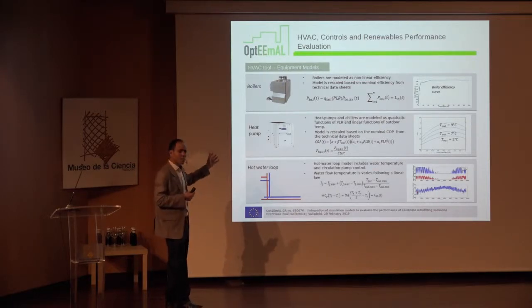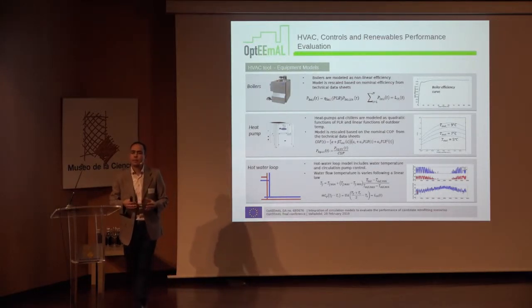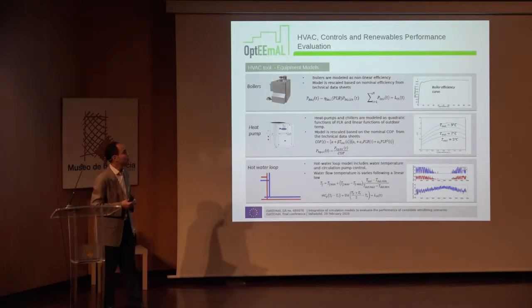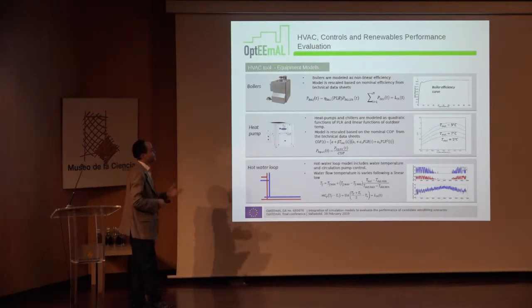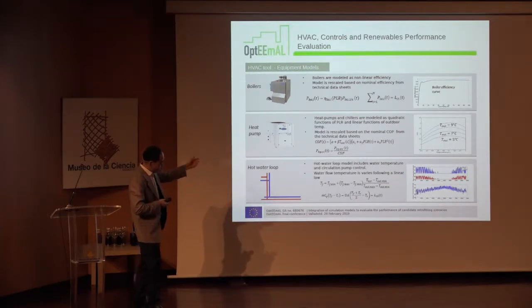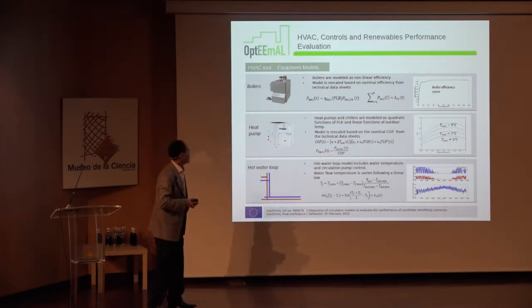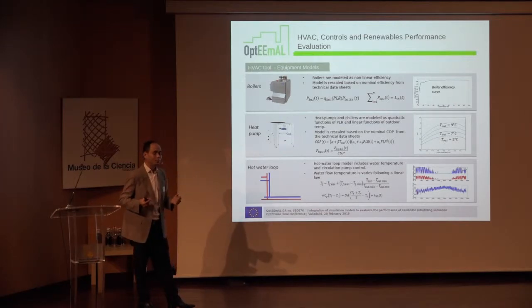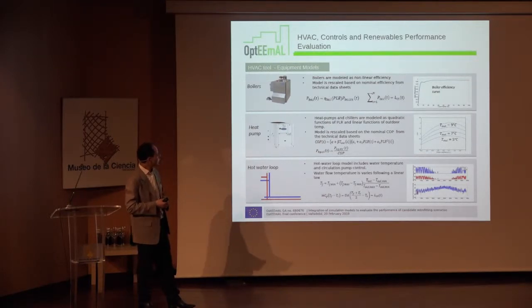Similarly, we have heat pumps and chillers modeled as COP functions of the outside temperature and the part load ratio. Water loops, hot water loops and chilled water loops as well, take into account the circulation pumps, the water supply temperature, and also the return temperature.